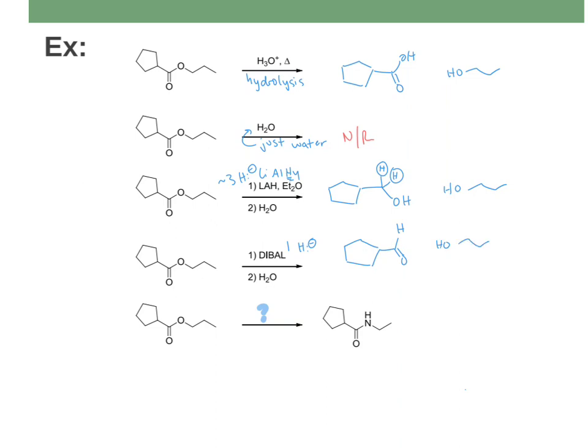And then what's going on with this one? I want to turn an ester into an amide. You have 2 routes. The one route is really direct, which is just to add this amine and just heat the crud out of this. Add tons and tons of this amine and heat it like crazy. Now that might be fine.